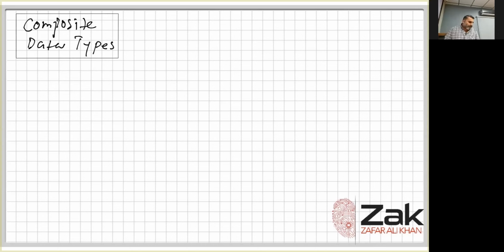A data type that refers to any other data type in its type definition is a composite data type. Unlike non-composite data types that had their own data in them, where we just had enumerations and pointers, these data types are referring to other data types.